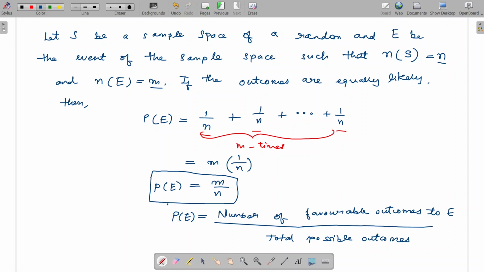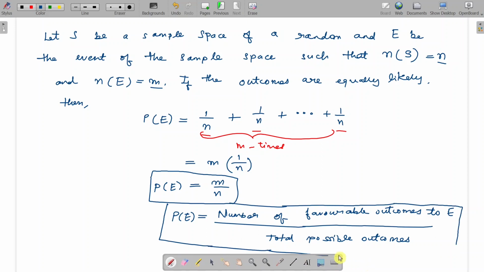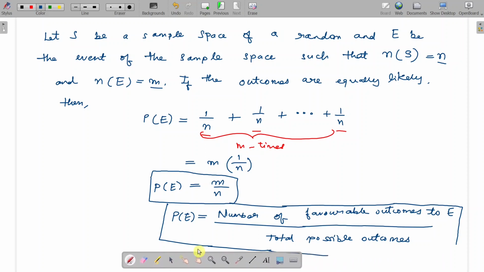This formula we have studied in the earlier class, 10th class. So what we have done here is we have derived the formula using the axiomatic definition of probability.